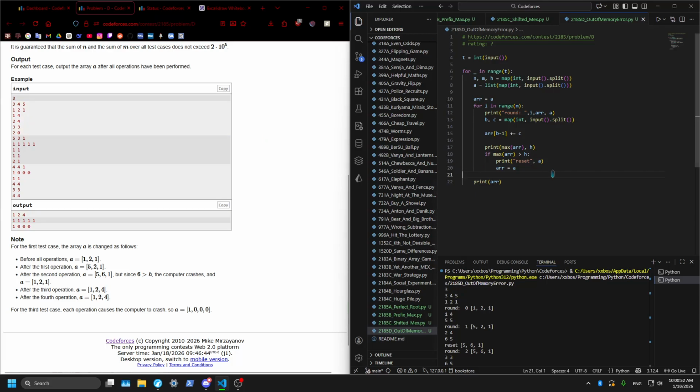Wait, this is some Python logic that I don't understand. I think it's because of this. Like every edit to R is being made to A as well, or something. Right? Like, what? Ugh. Now, why is this happening?